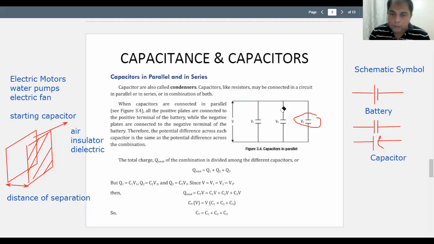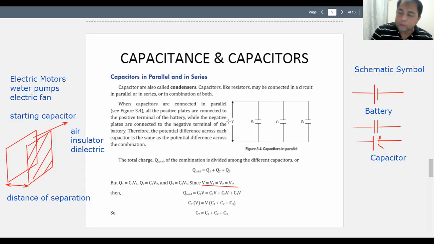So let me erase this. The first thing that we notice with parallel connection, which I already pointed out, is the voltage of the source. From the outlet in your house or from the battery that we have, any device or capacitor that we add here will all have equal voltages.